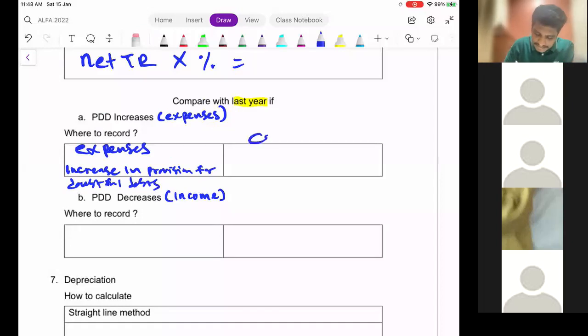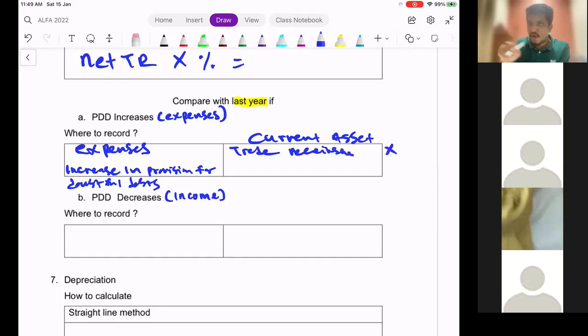Then you go to the current asset. Under the current asset, you'll have a trade receivable, right? Don't disturb the trade receivable. Under the trade receivable, you need to record one new thing called provision for doubtful debt.